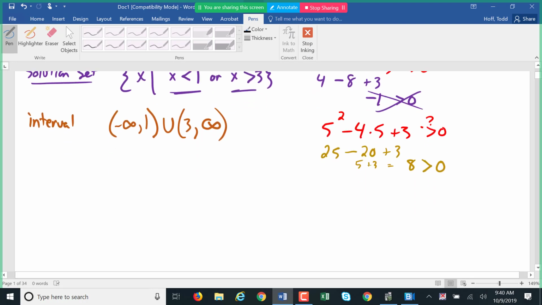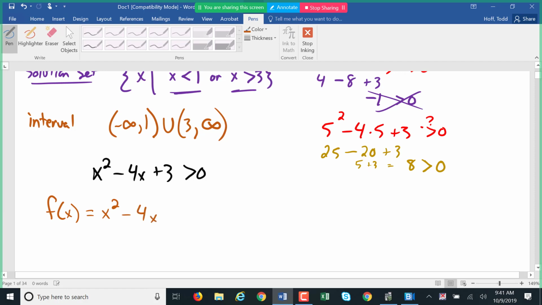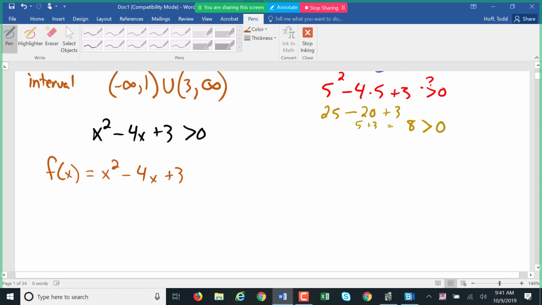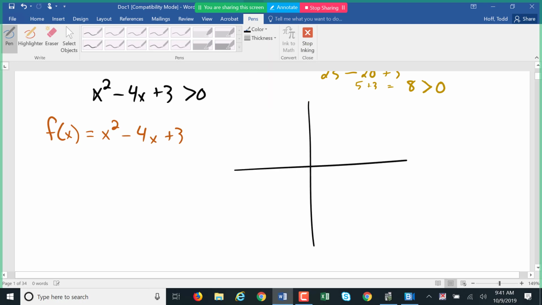Now, I should note that there is a link between the graph of a polynomial function and the solutions of the polynomial inequality. This was x squared minus 4x plus 3 is greater than 0. If I were to graph the function f of x equals x squared minus 4x plus 3, its graph would look something like this.